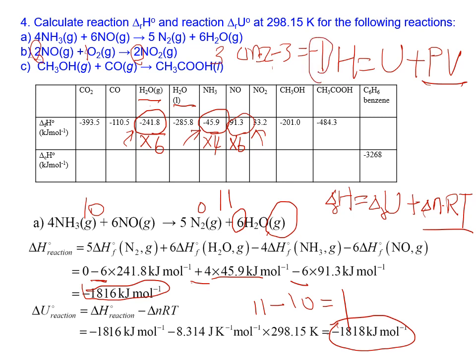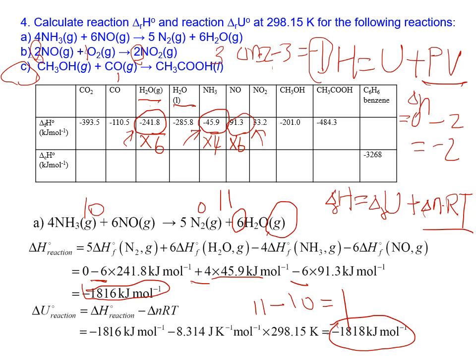Now for C, let's calculate. The reactants are 1 here and 1 here, so the total is 2. And for the product, note that this is a liquid. Therefore delta N should be 0 minus 2, which is negative 2. Delta N for C is negative 2. Because the product is liquid, liquid is not counted, only the gas phase.